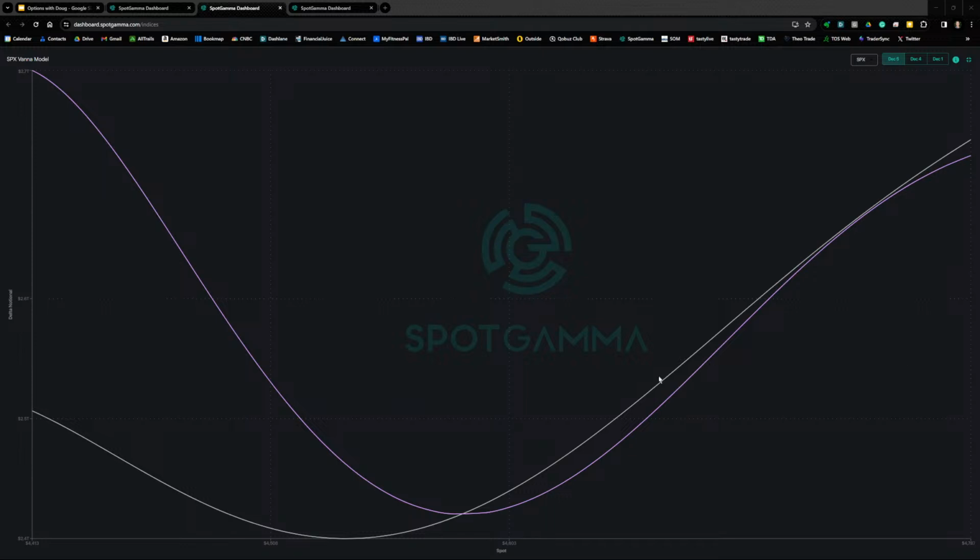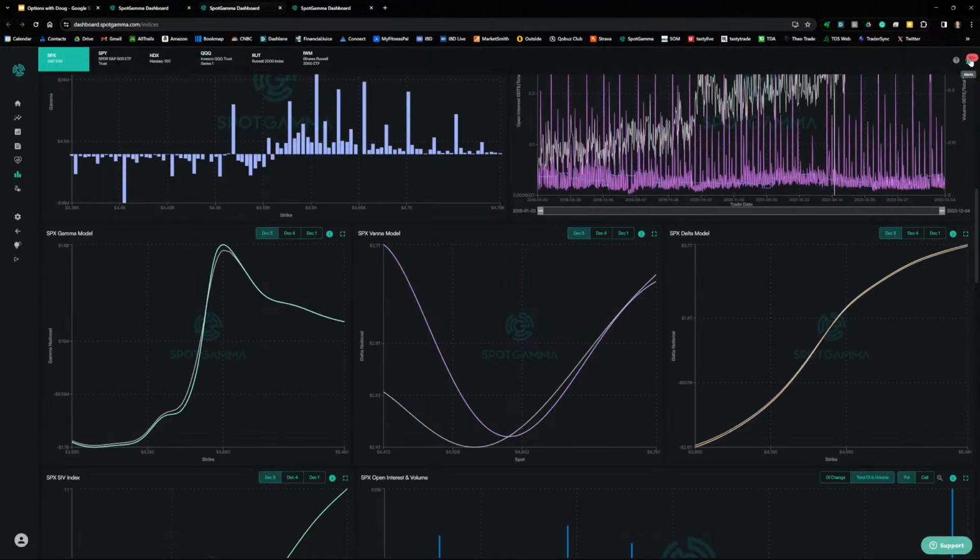Then if price starts to decrease and implied volatility increases, market makers will need to sell futures to hedge their delta exposure. And then above around 4,600, if price increases above 4,600, market makers will need to start selling futures to hedge their delta exposure. And that's typical of a positive gamma environment. So right now, SPX toward the bottom of the curve, no Vanna headwind or tailwind at this point.